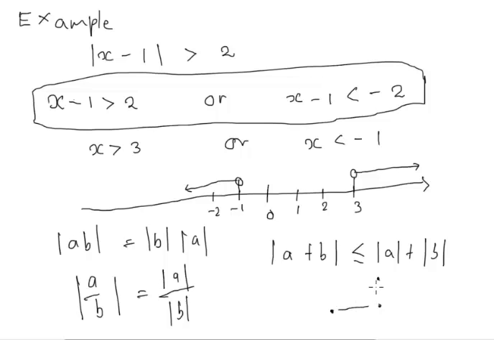This distance plus that distance will always be greater than that distance. So this distance will always be less than this distance plus that distance. So it's saying the shortest distance between 2 points is a straight line rather than going via another point.